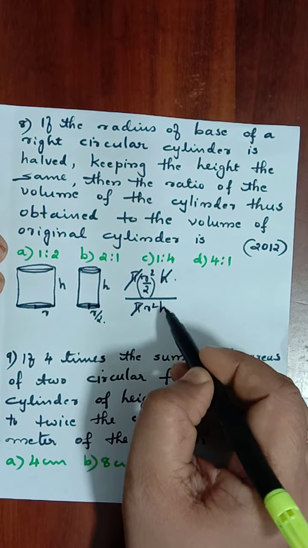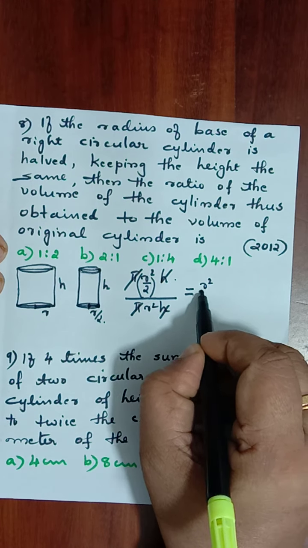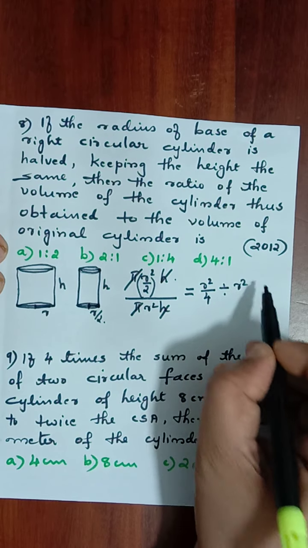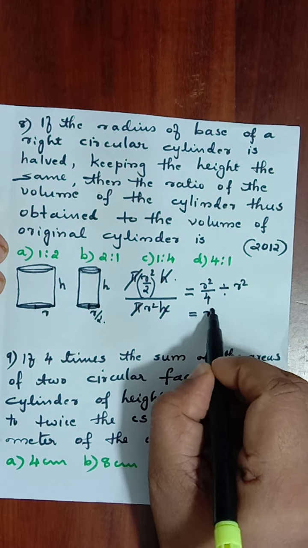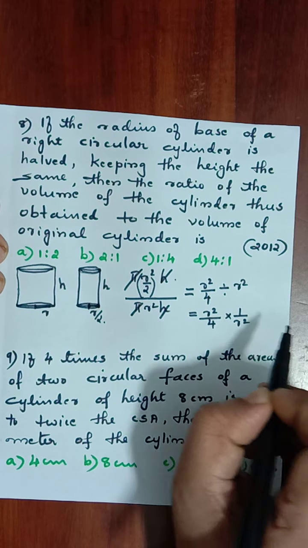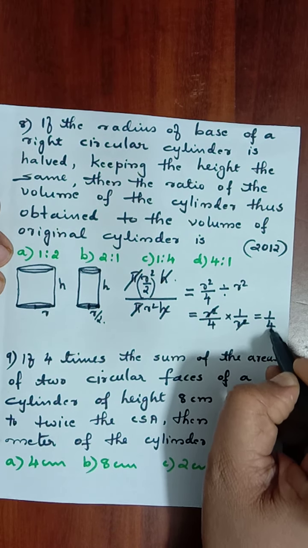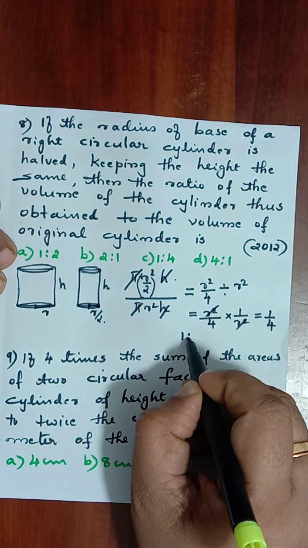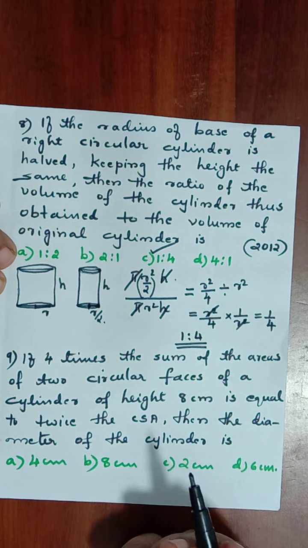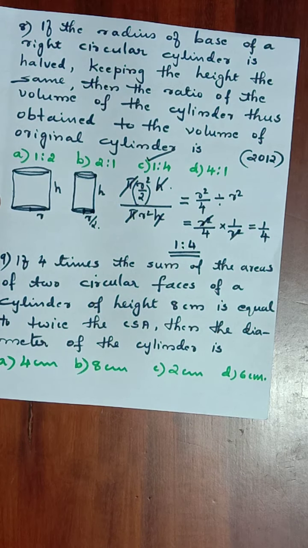Pi cancels, h also cancels. We get r square by 4 divided by r square, which is r square by 4 into 1 by r square, equal to 1 by 4. That is 1:4, the required ratio. Option C.